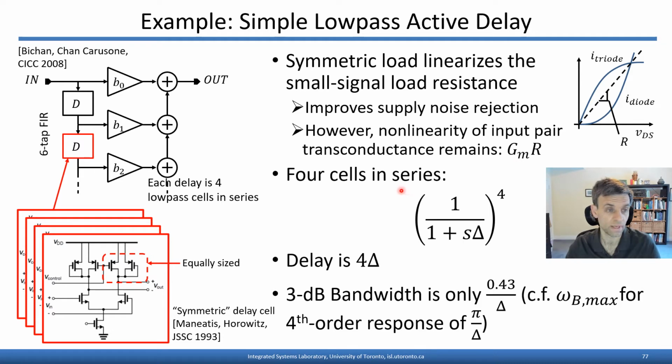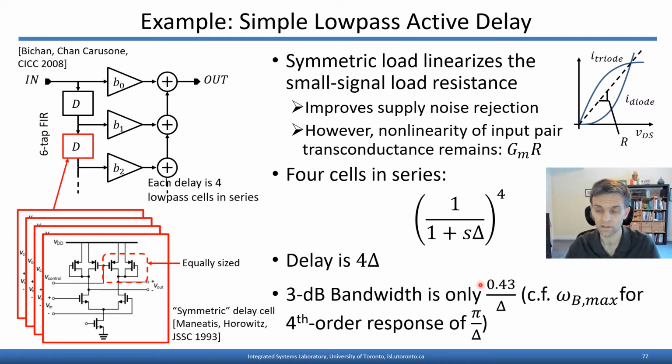Now in this paper here we've got 4 of them in series, so if each one provides a delay delta, or a time constant delta at its output, then the total delay through each delay circuit is 4 times delta. But the 3 dB bandwidth is again limited to a fraction of the RC time, 1 over the RC time constant associated with each of those cells.